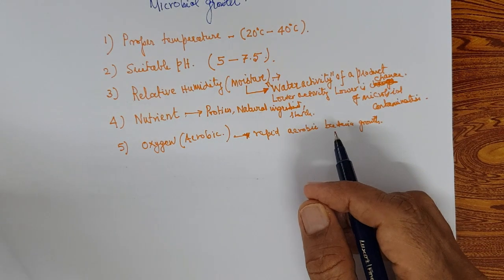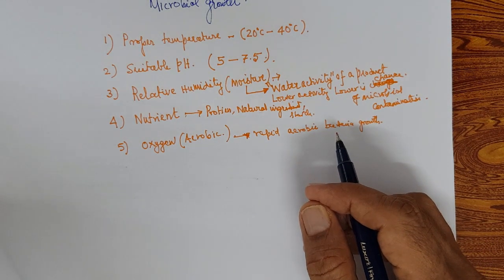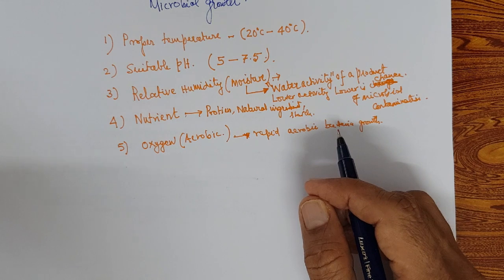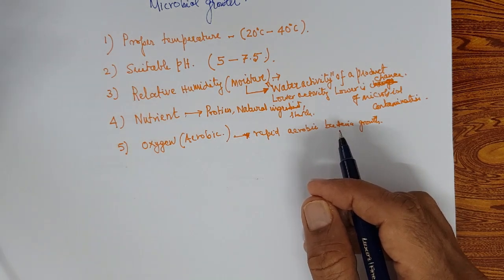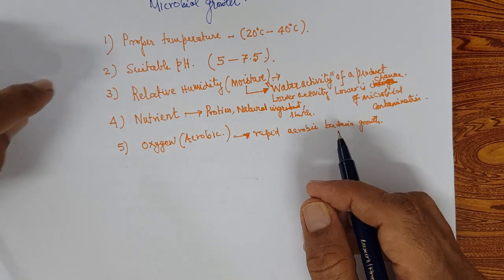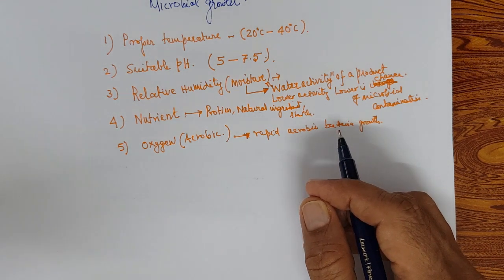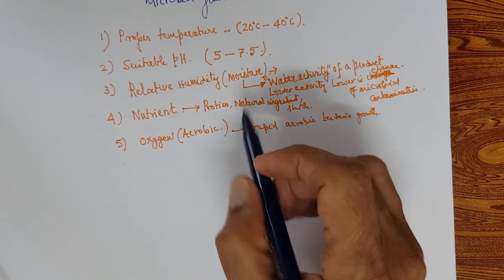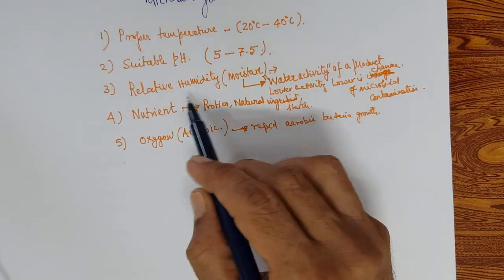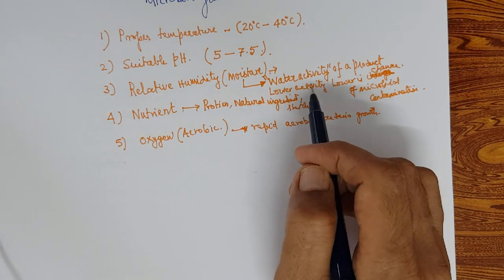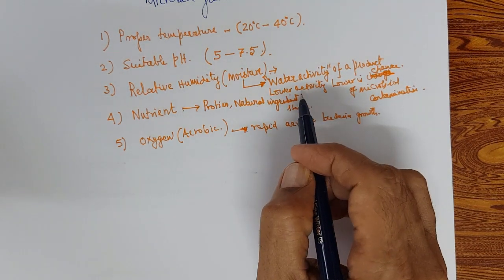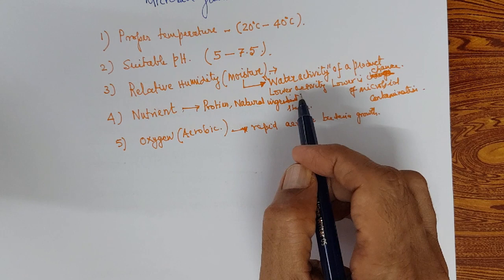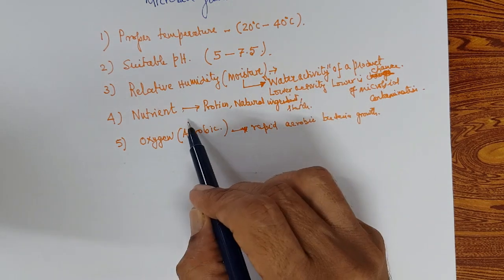When you formulate the product, you have to take care of all these things. Basically you can't control the temperature, as the consumer will store it. For suitable pH, the products have to be preserved. For relative humidity, if possible, keep the water activity of the product as low as possible.